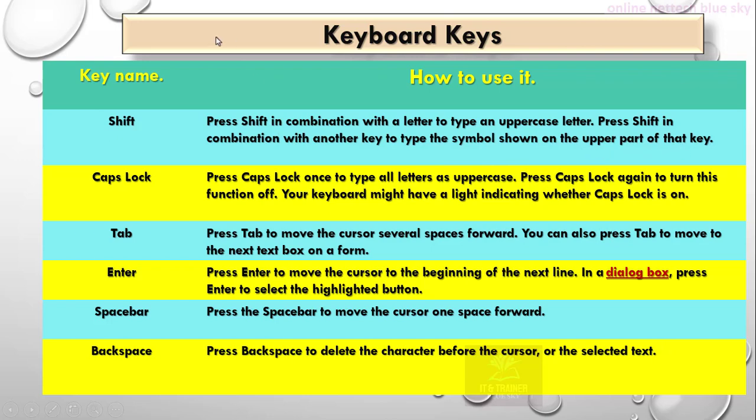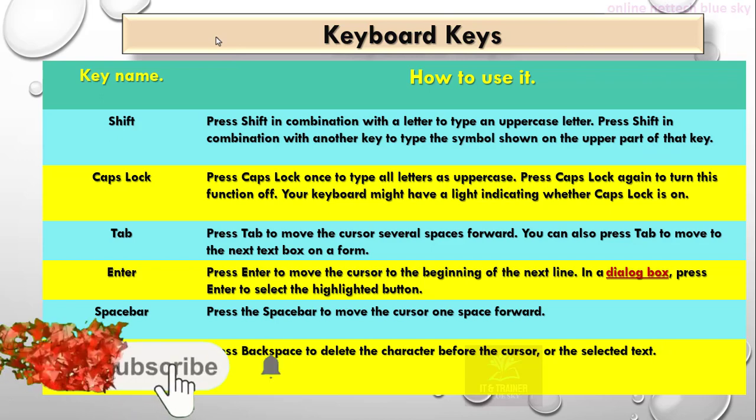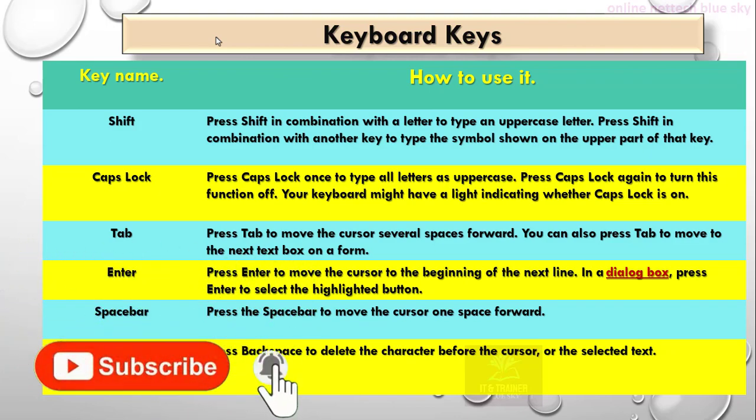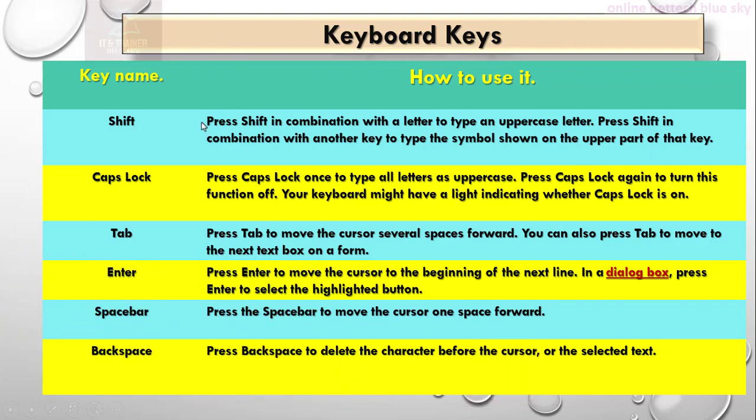So when you press the shift button in combination with a letter key, it means an uppercase letter. Just like you can see, first I press shift and type, and the first letter is uppercase, like the first ABCD. So it is a capital P. Okay, uppercase letter.